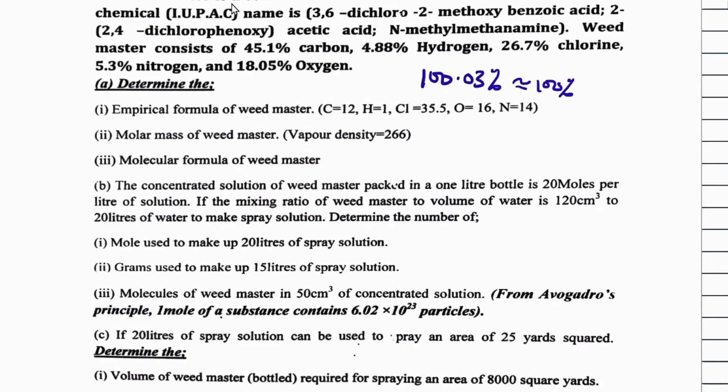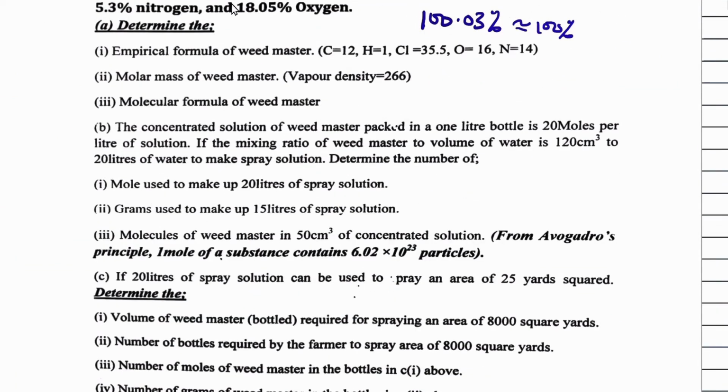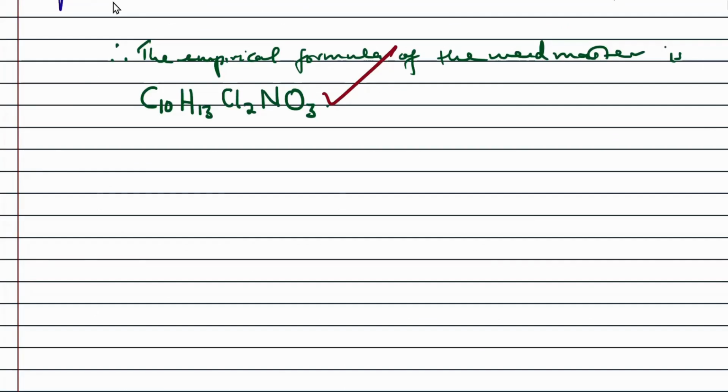We can now proceed to part A, Roman number 2, which requires us to get the molar mass given the vapor density as 266. We have to get the molecular mass. They want us to get the molecular mass, but we know very well that the molecular mass equals twice the vapor density.